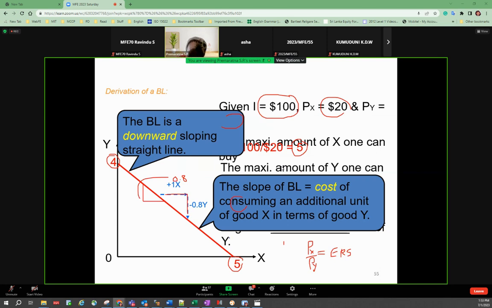We saw that the indifference curve slope is MRS, and the budget line slope we can call ERS, economic rate of substitution. It's about substituting Y for X or X for Y.